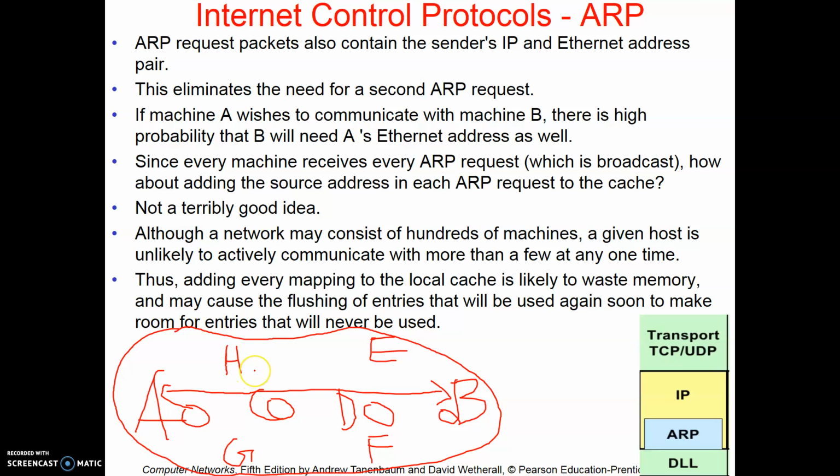If all these systems inside the network stored them, the cache would be fully occupied, which is a waste of memory, because unless we need that particular machine, we don't need to store its IP address or Ethernet address. We would also need to flush the entries so that the cache can be used again. So only the communicating devices need to store the corresponding IP address and Ethernet address inside the cache. So this is about the Address Resolution Protocol.